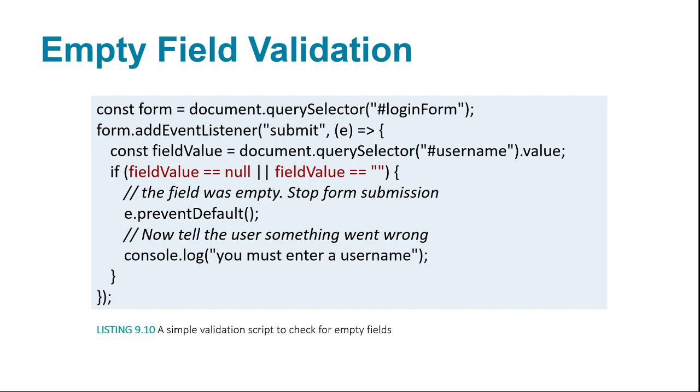If this was an actual one, it would most likely pop up an alert that's like, you must enter a username. Or a lot of times we use a toggleable div, like doing display none versus display, that's like, hey, this is the error. But in this case, it's using console log.